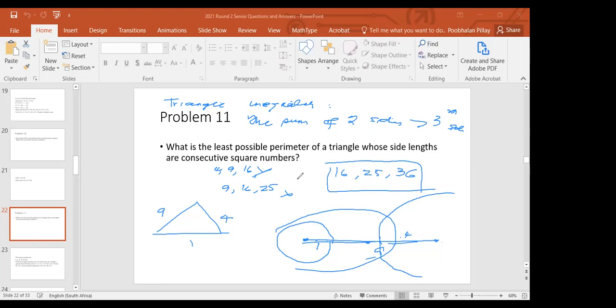So that's the answer. And the least possible perimeter is the sum of these numbers, 16 plus 25 plus 36. And that's 77. Okay.